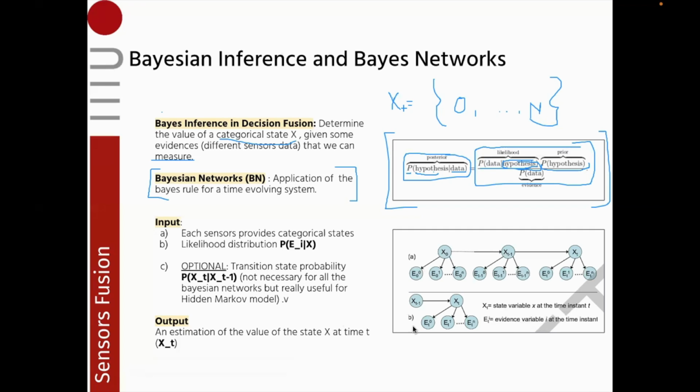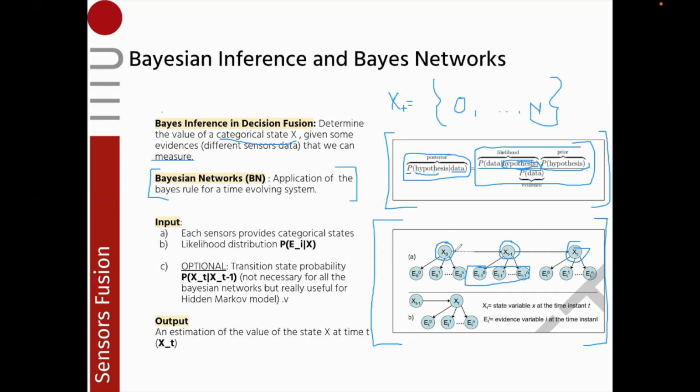Specifically, in a sensor fusion context, the situation is very similar to the one depicted in the picture here at the bottom. So we have a state x that is evolving in time, as we see here, and for every time we have a set of evidences given by the sensors.